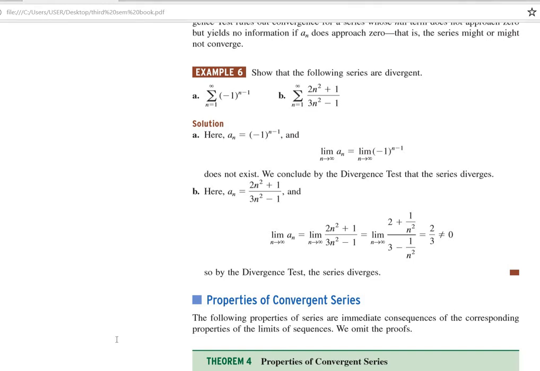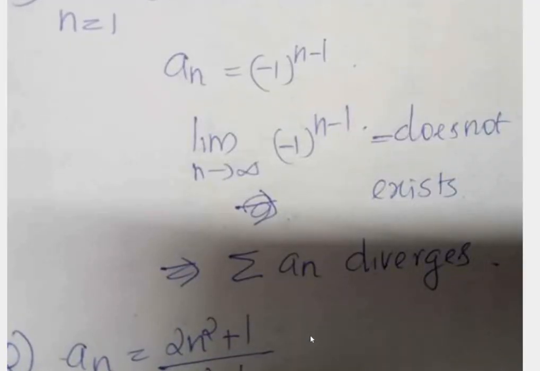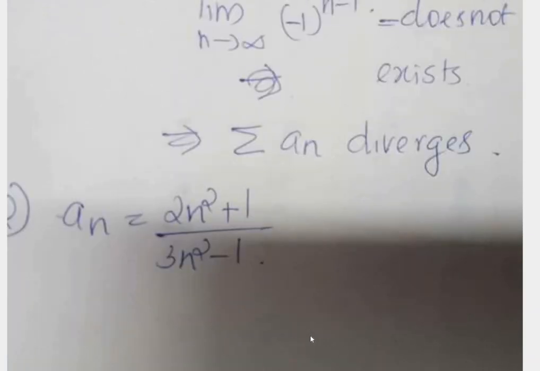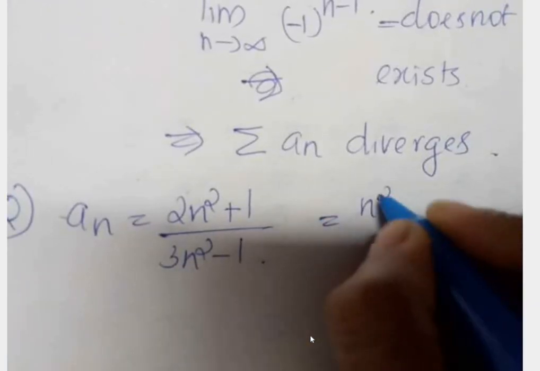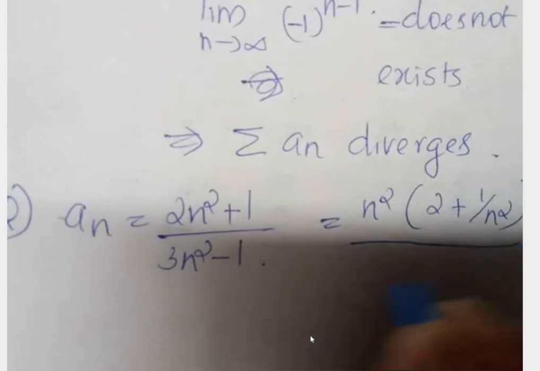Next question: a_n equal to (2n square plus 1) divided by (3n square minus 1). Taking n square common, this equals n square into (2 plus 1 by n square) divided by n square into (3 minus 1 by n square).